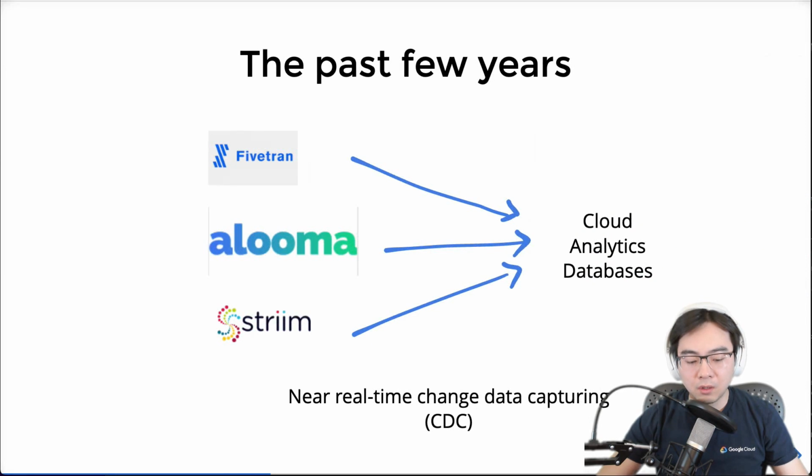I would like to cover a little bit, in my opinion, what has actually been happening in the last few years. You have probably heard about solutions such as Fivetran, Illuma, and Stream. Those are, in my opinion, the three mainstream solutions in the last 3 to 4 years that have been focusing on CDC, the near real-time change data capturing solution, to get data typically into cloud-based analytical databases, such as BigQuery, Snowflake, and AWS Redshift.